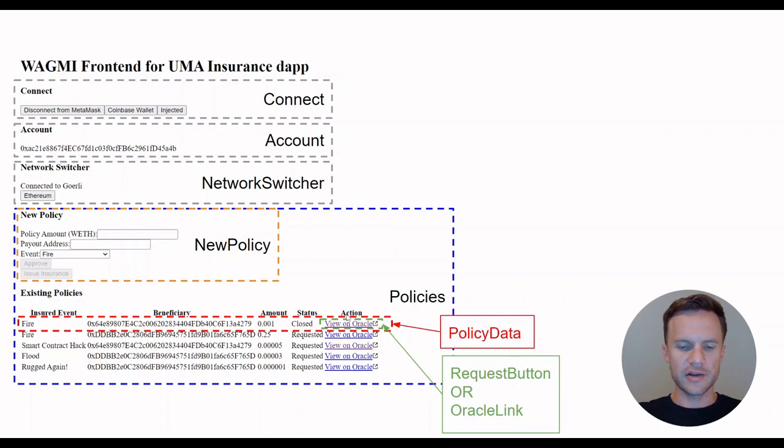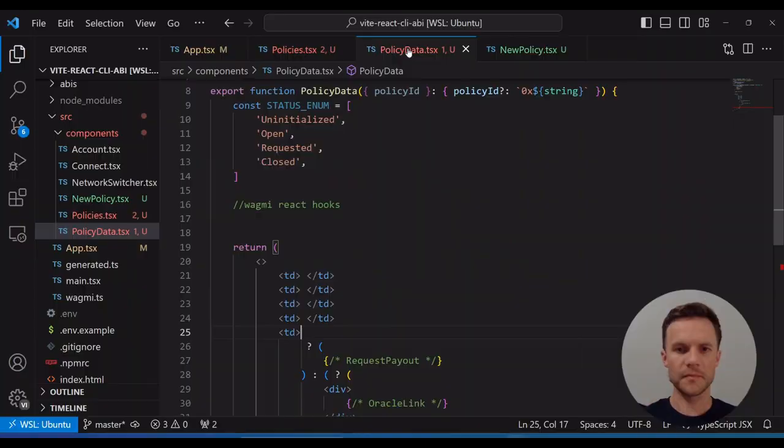And under the action column, it's going to include either a link to the oracle to view the assertion that the event happened, or a request button that requests payout and asserts to the oracle that the event has happened.